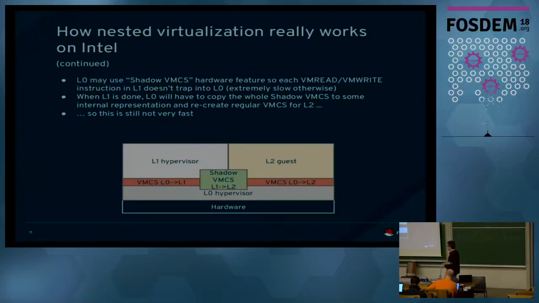But still, when we try to run our level 2, we still need to trap into level 0. Level 0 needs to analyze all the state, merge it with the VMCS, and run level 2. And that's how it works in Intel. So, back to our question, can we make it better?